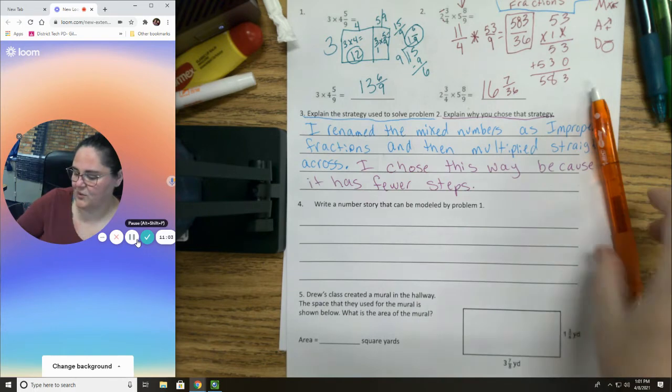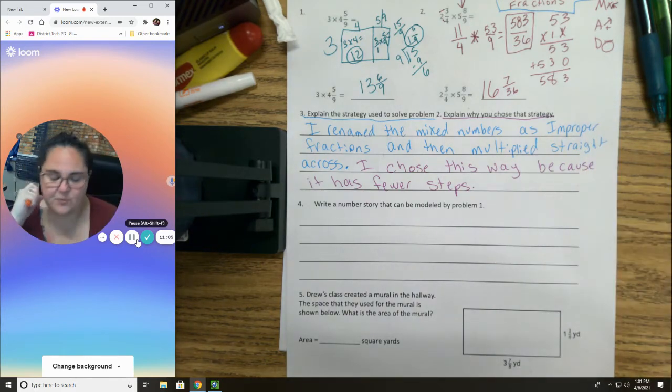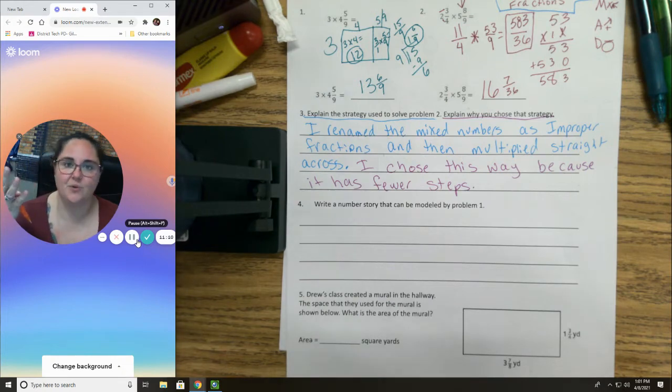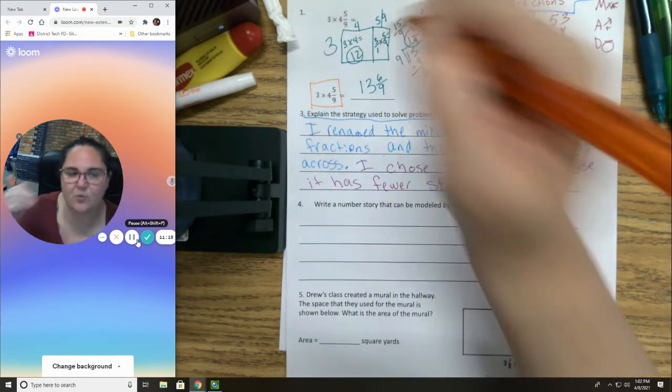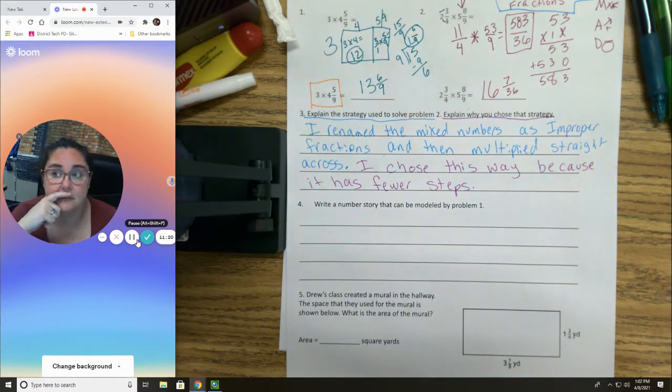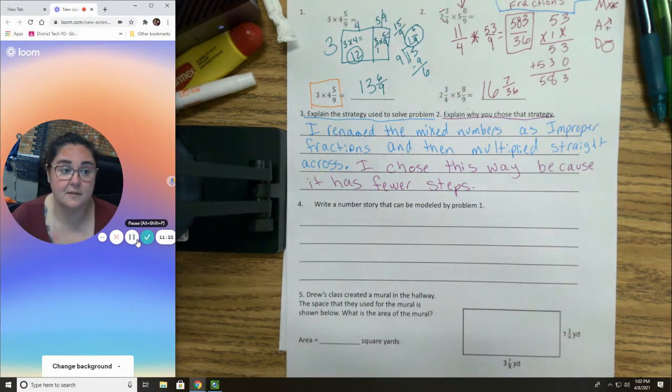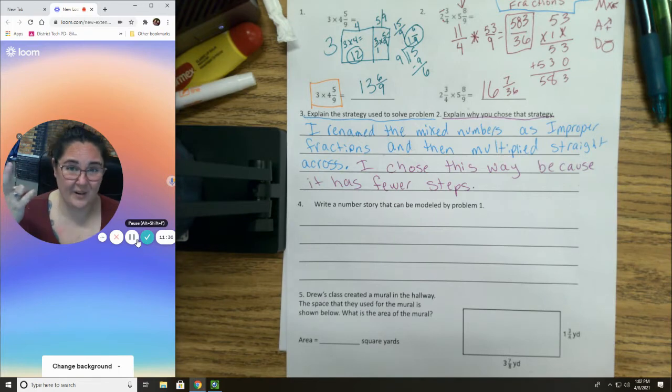One of the things that you're going to be doing for this next question is writing a story problem. When it says a number story, that means writing a story problem. We need to write it using the numbers used in number 1. So this is my numbers for number 1. I'm multiplying. I know that when I multiply two numbers together, I can use area for that.